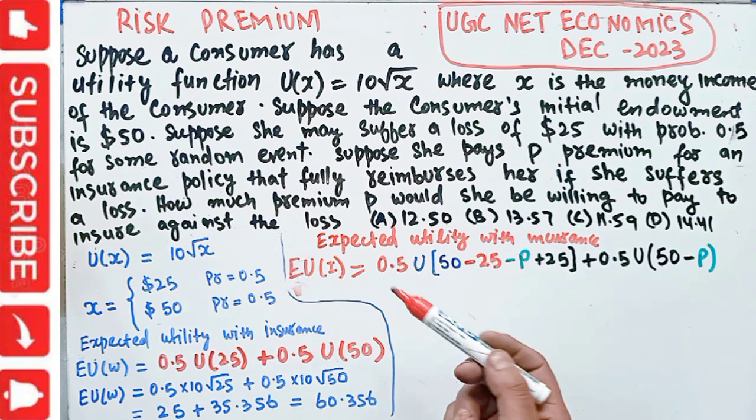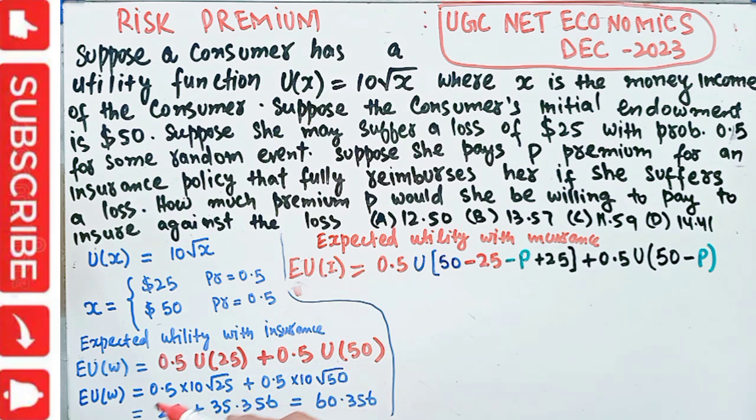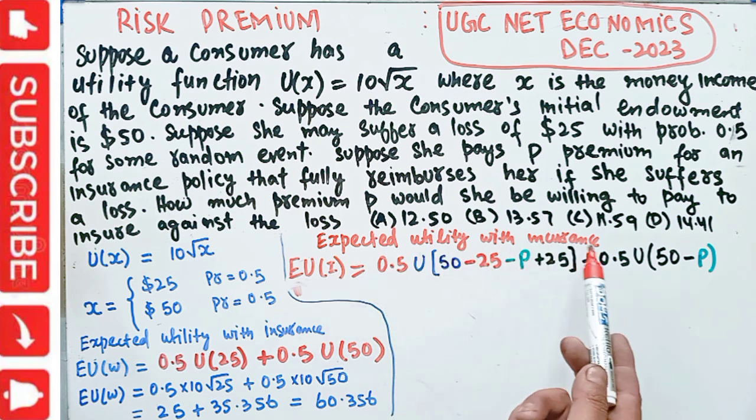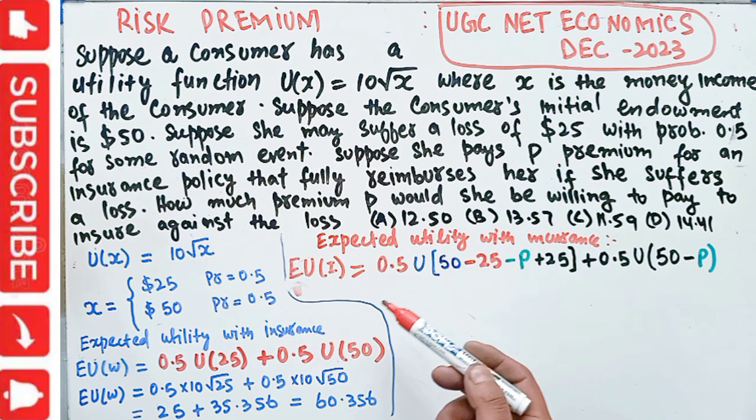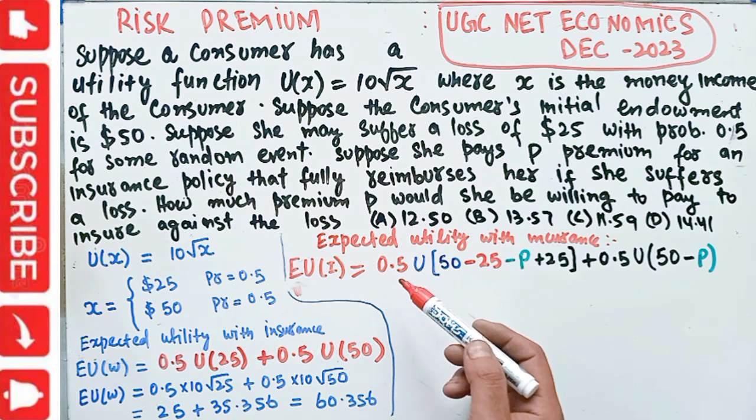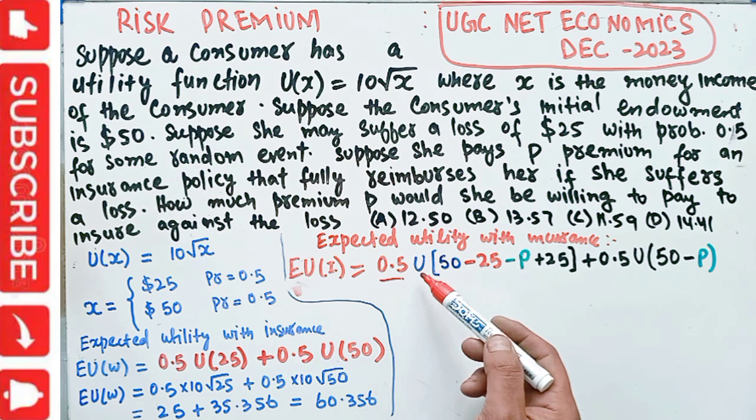Let me repeat it here. We need to compare the expected utility without insurance with the expected utility with insurance. We first need to find the expected utility with insurance. That will be equal to the probability that bad happens to her times the utility.